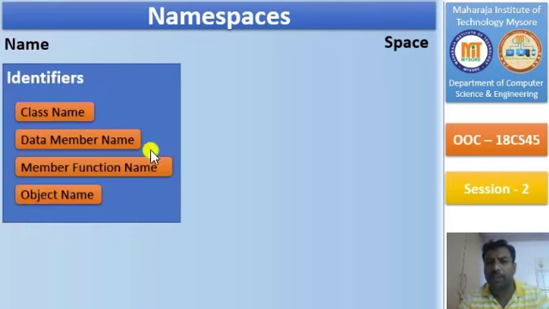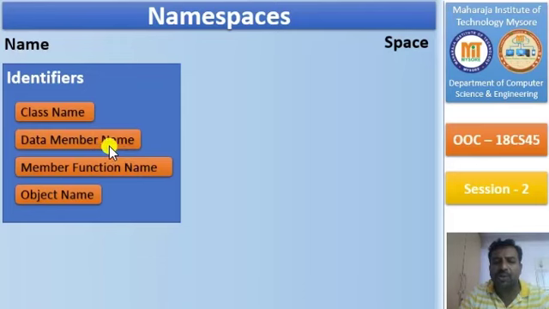When I talk about space, just observe here: the data member name and member function name will always be inside the scope of a class, so these two are not exposed so easily to the outside world.